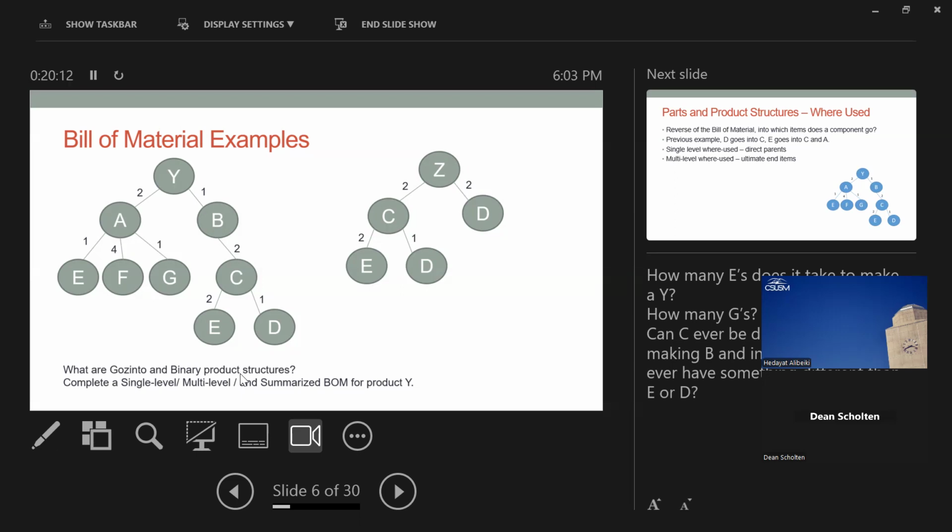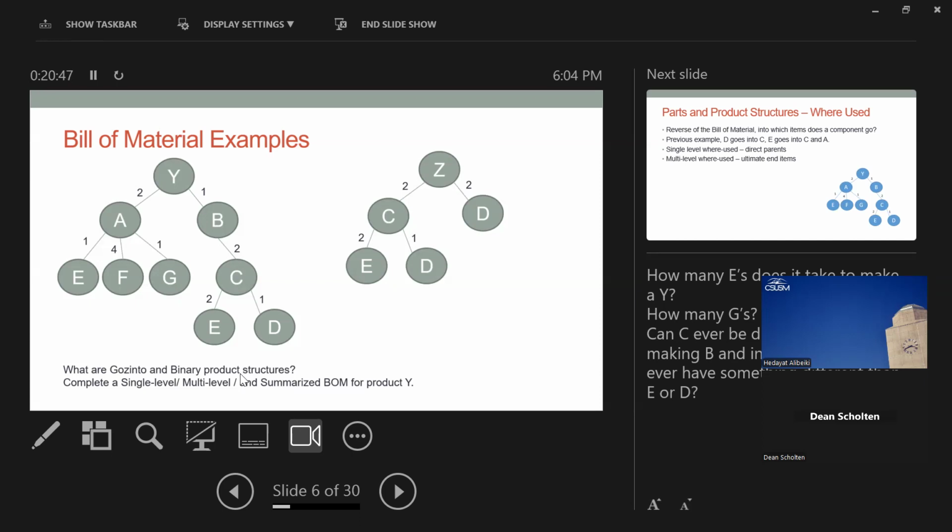Okay, so we go from Y to E from this graph. Through A: for each Y, we need 2 A. Each A is made up of 1 E. There are other things, but each A requires 1 E. So how many E's go into one Y from this point? 1 times 2, right? 2 E's go into 1 Y through A.